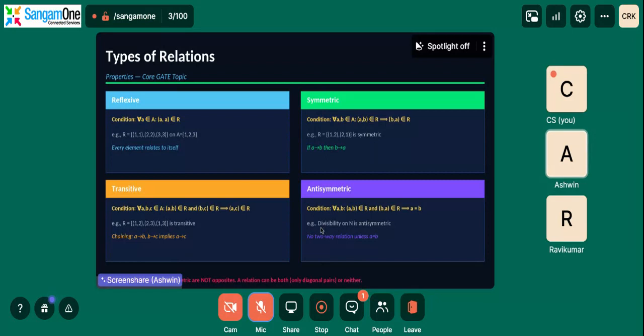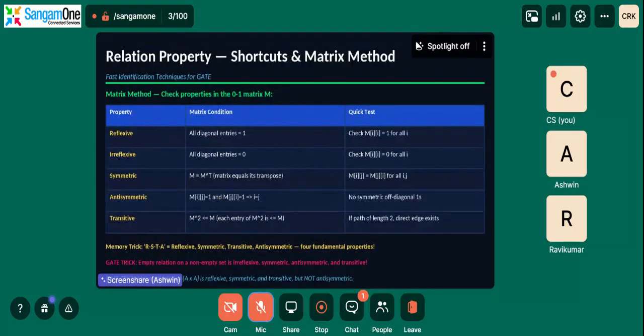Please note down that symmetric and antisymmetric are not opposites. A relation can be both, with only diagonal pairs, or neither. This is the shortcut and matrix method. Please note it down; it will be helpful to solve the answers.